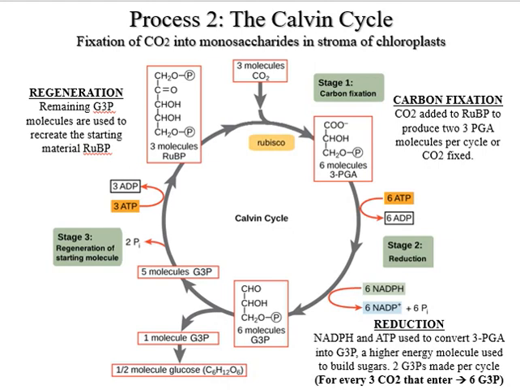So the Calvin cycle, or your light independent reaction, is going to use that NADPH and ATP that was created from the light dependent reaction to fix atmospheric carbon dioxide onto different carbohydrates.